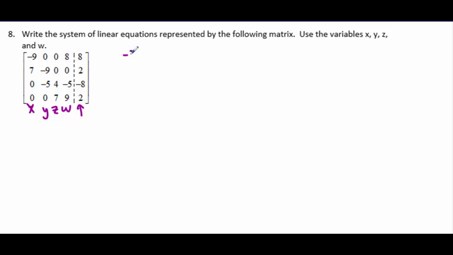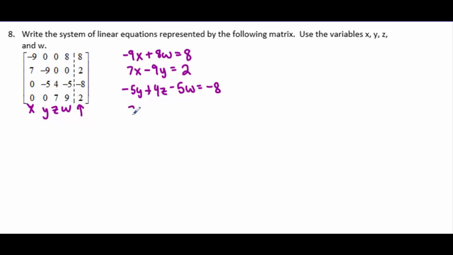So I'm going to have negative 9x, y and z gets skipped, and then 8w equals 8. Then I'm going to do the next equation. So 7x minus 9y equals 2. And then negative 5y plus 4z minus 5w equals negative 8.